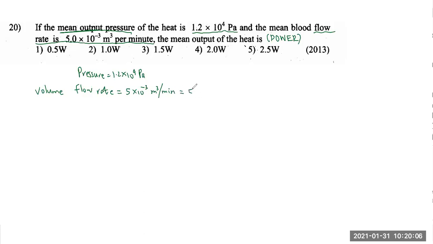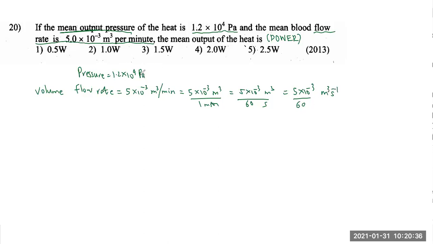How do you do that? It can be written like this: 5 into 10 to the power minus 3 meter cube in 1 minute, that is in 60 seconds. So finally, I'll just leave it like this without simplifying: 5 into 10 to the power minus 3 over 60 meter cube per second. That is the volume flow rate.